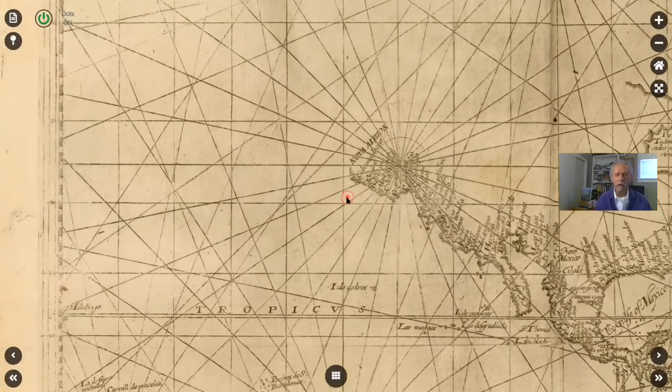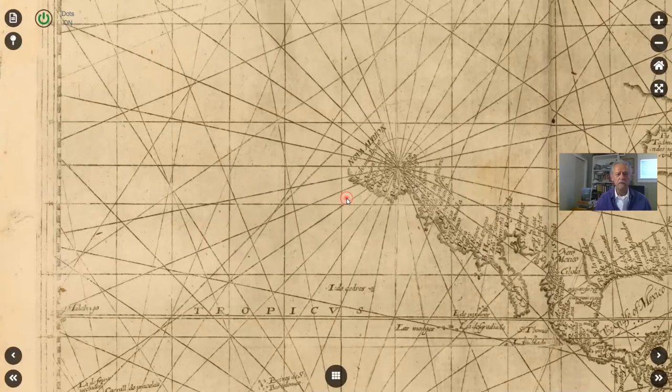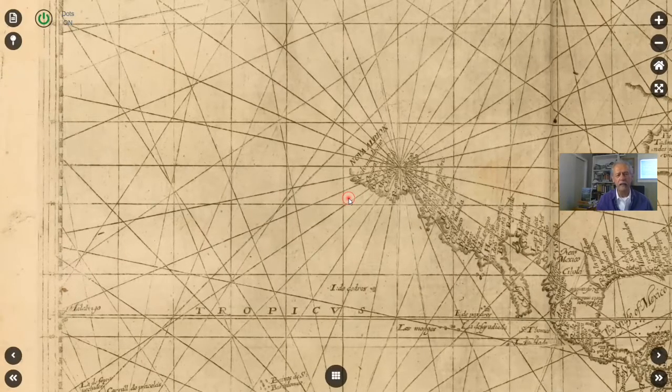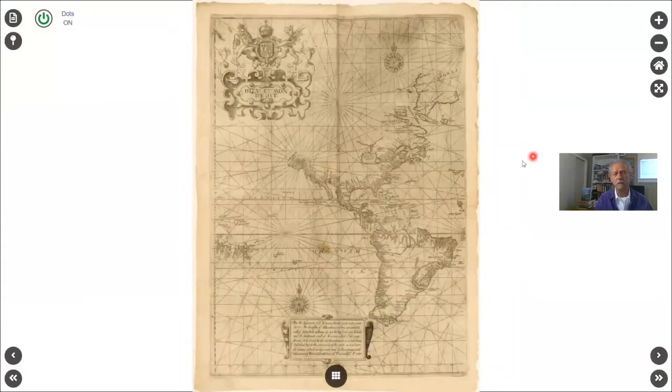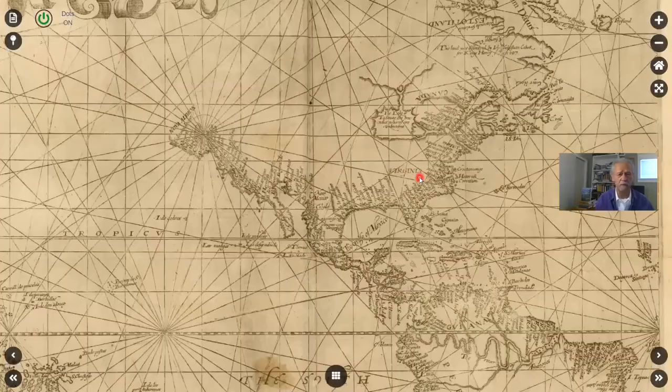The reason it's tilted is because, according to Joaquim Gaspar of the University of Lisbon, who is the leading authority on early map projections using modeling of early navigational charts, it's because of dead reckoning. Latitude or longitude at the time was nearly impossible to determine.